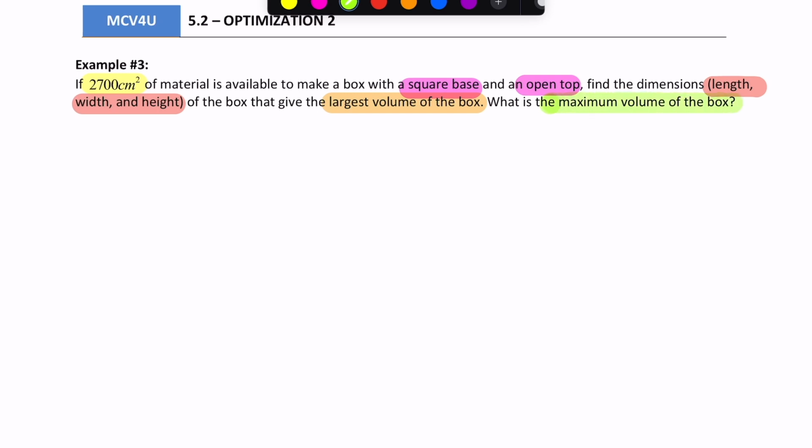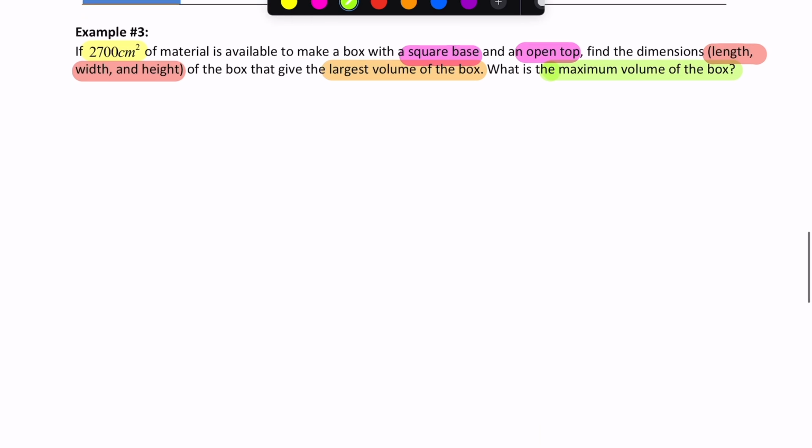Okay, so do a few things. Let's give our let statements. So we'll let V represent the volume of the box in centimeters cubed.